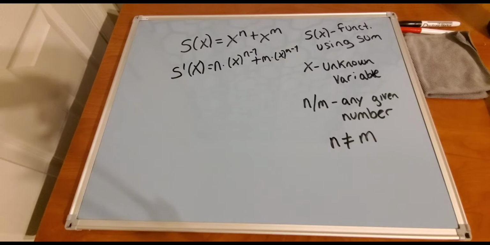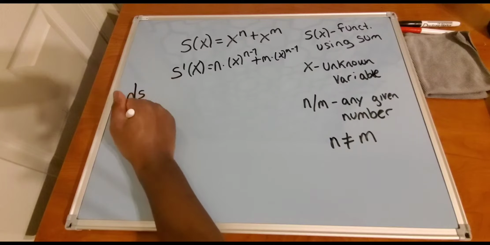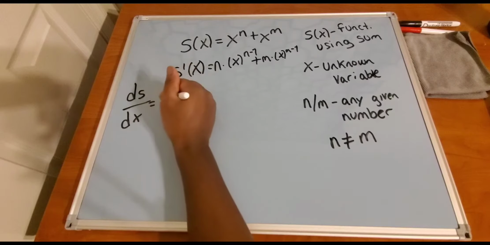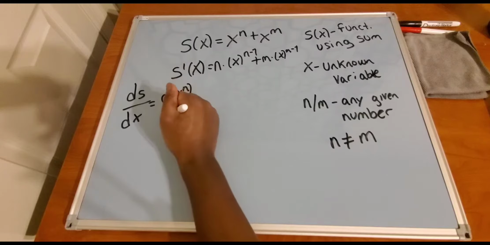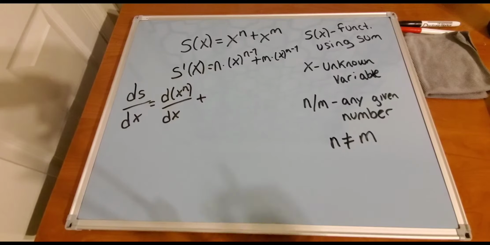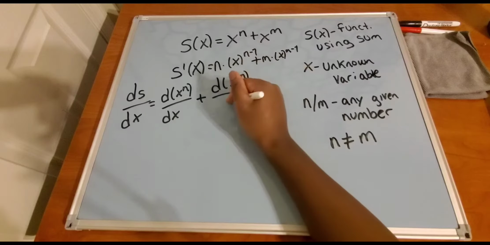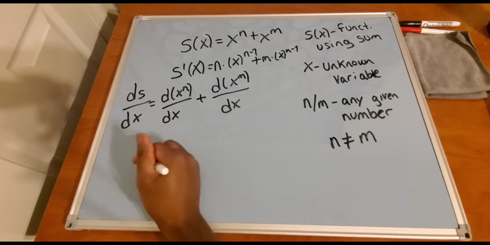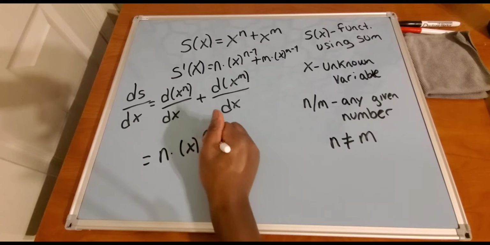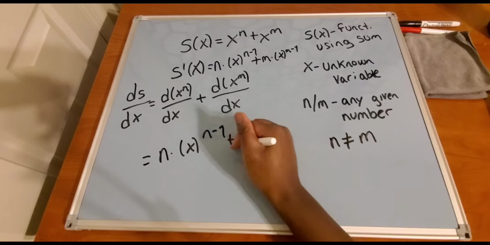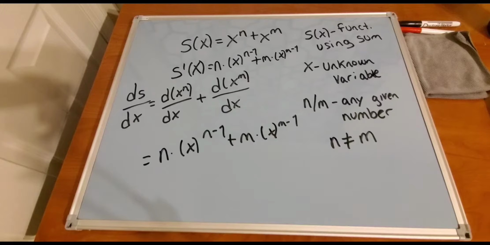If you want to write down another notation, we can say that the derivative of this function with respect to x is equal to the derivative of x to the n with respect to x plus the derivative of x to the m with respect to x, which is equal to, you guessed it, n times x raised to the n minus 1 plus m times x to the m minus 1.